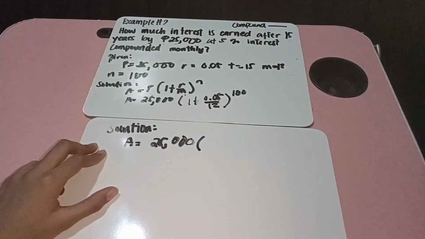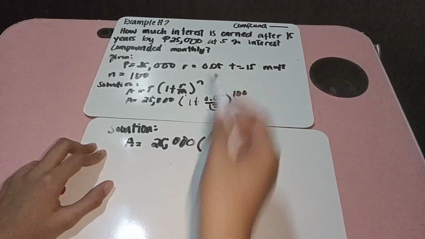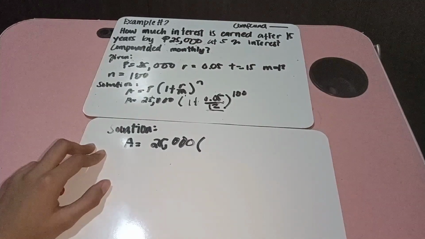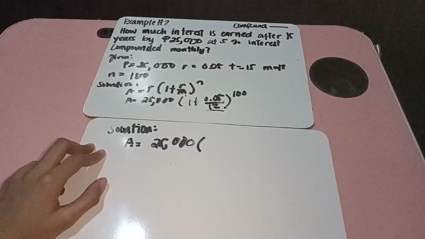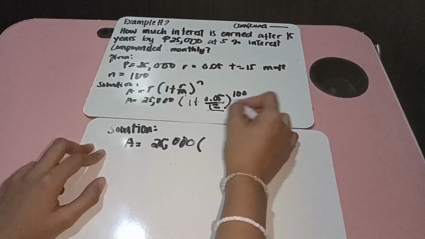So, we're going to divide 0.05 divided by 12. 0.05 divided by 12 is equals to 0.00417, plus 1 is equals to 1.00417 raised to the power of 180.